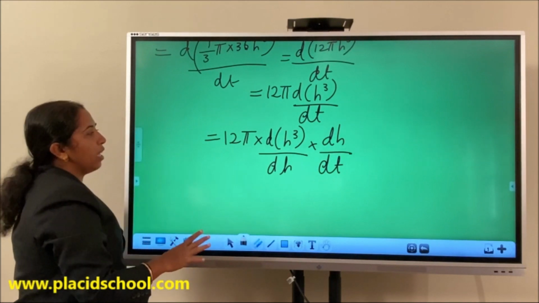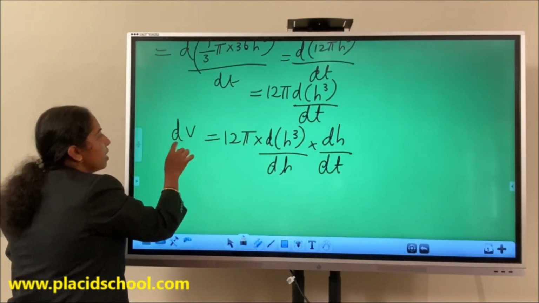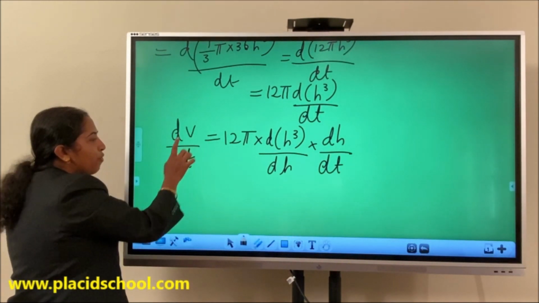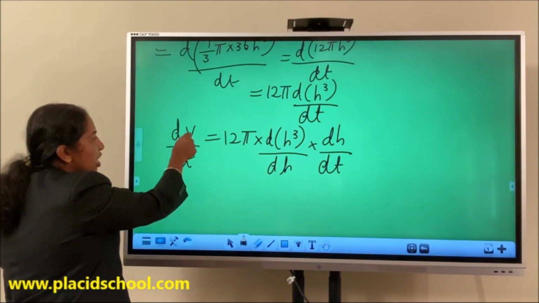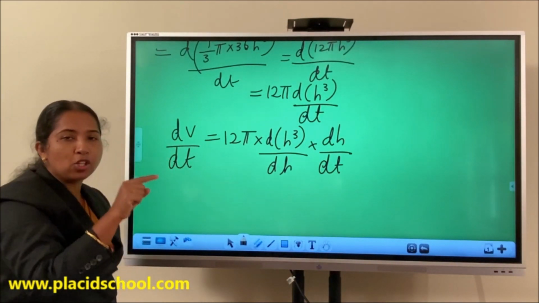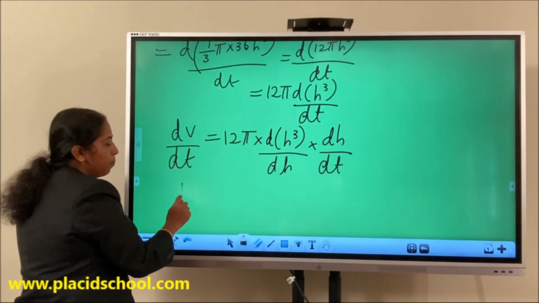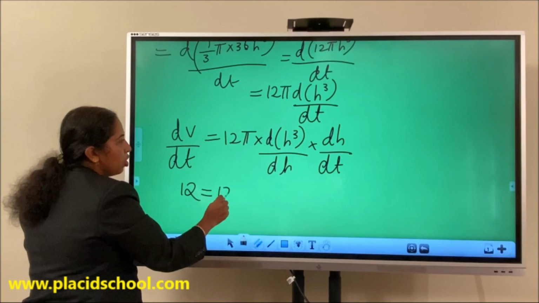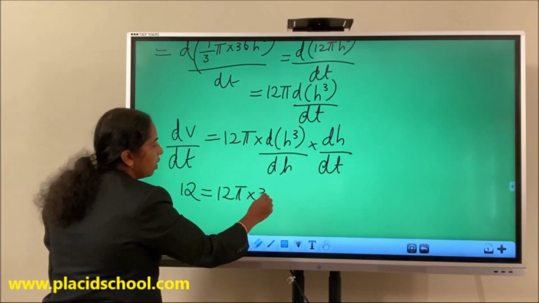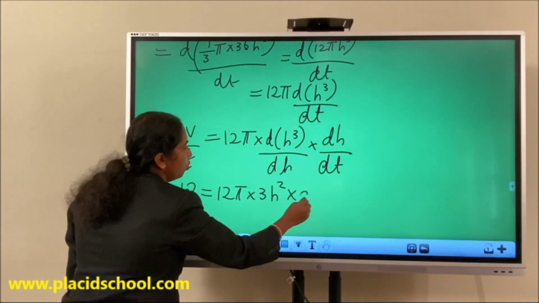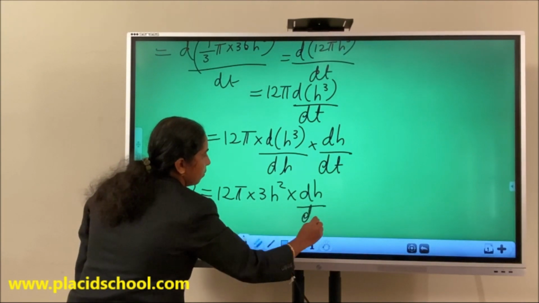Now remember one thing, we started from dV/dt, the rate of change of volume with respect to time, and it is given to be 12 cm³ per second. So I am going to substitute that 12 here. So 12 is equal to 12π into 3h² into dh/dt.